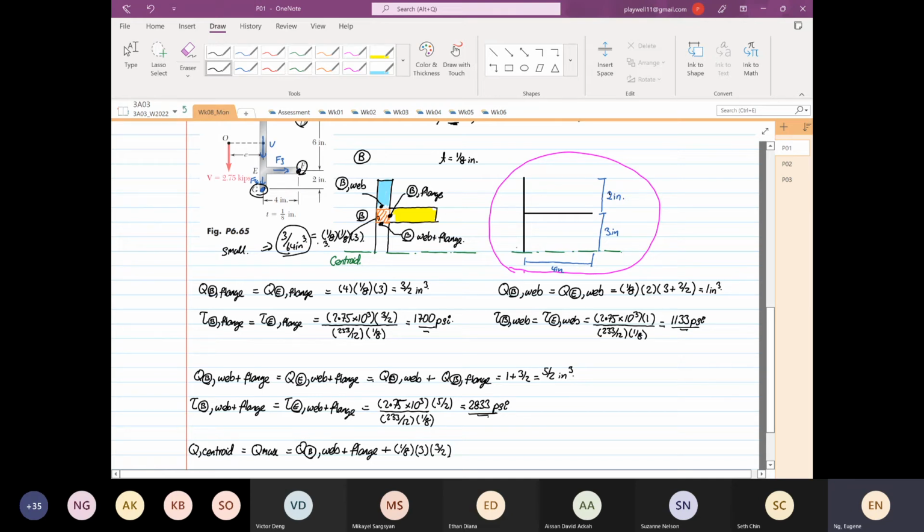So it is this last section that we are calculating now, where I shaded in pink. So this will be equal to 5/2 plus 1/8 times 3 times 3/2, which is 9/16. So 5/2 plus 9/16 is equal to 49/16.